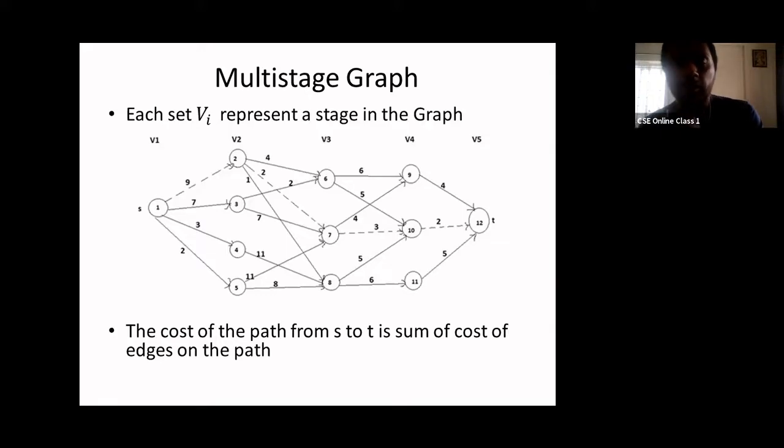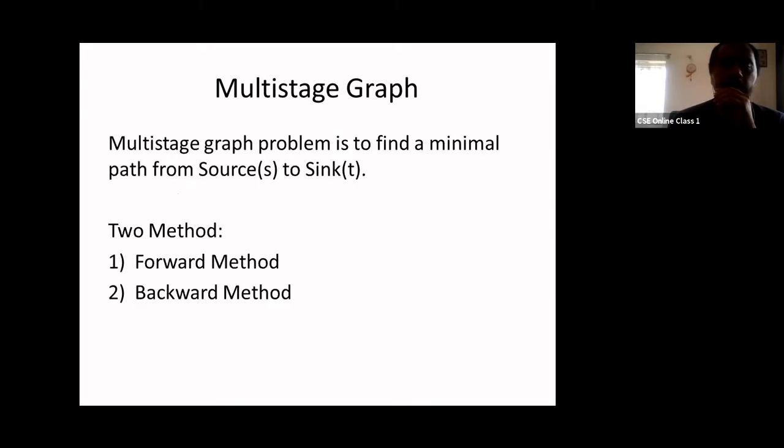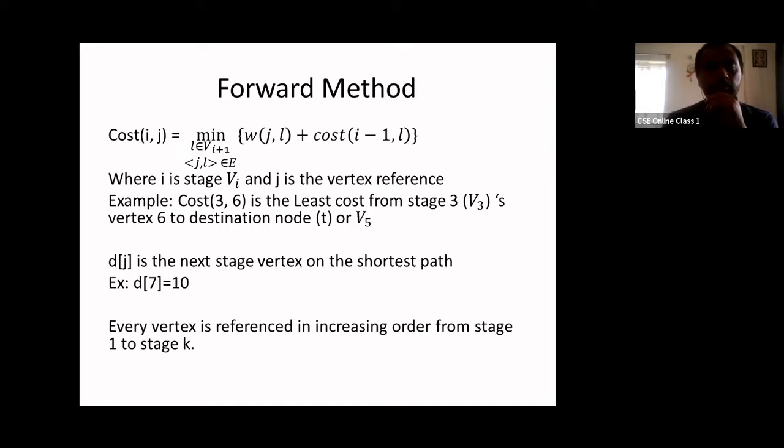Fine. Most of the time our notion is that whenever we represent a cost matrix, one is row and the other is column, and both have the same weightage, both being vertices. Here in the multi-stage graph, when we are solving using the forward technique, the first index of the cost indicates the stage, and the second one indicates the vertex in that stage. Simple.